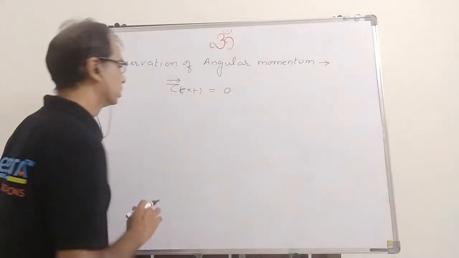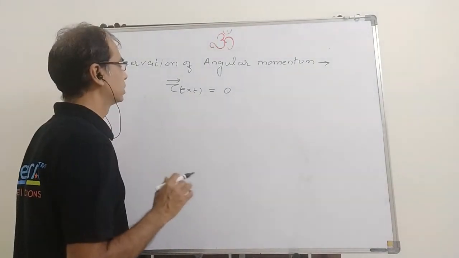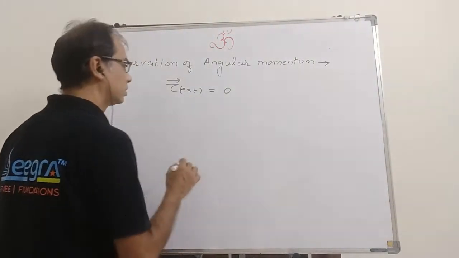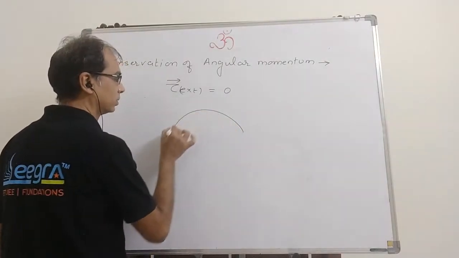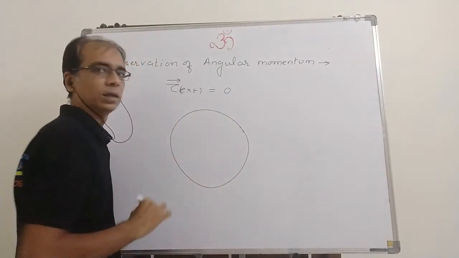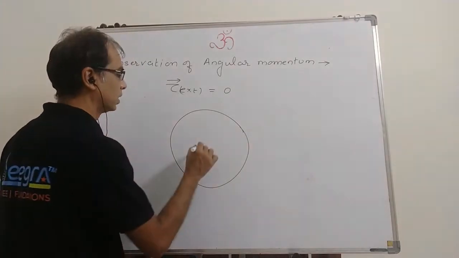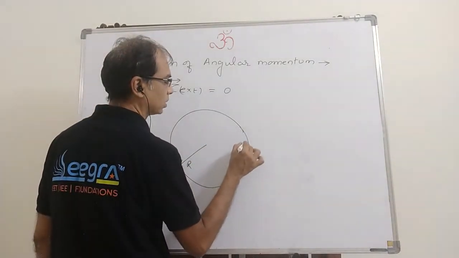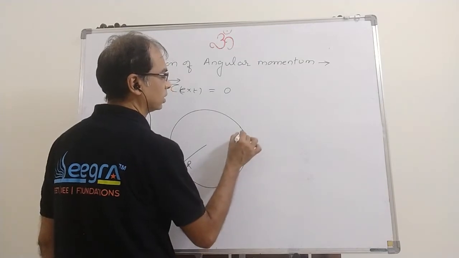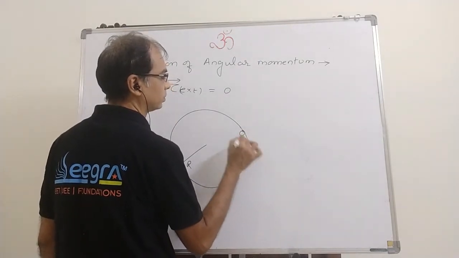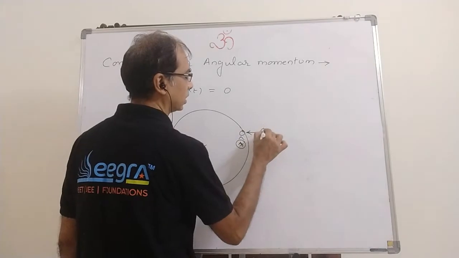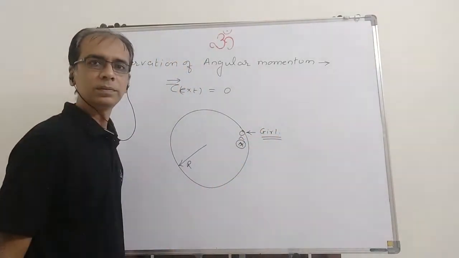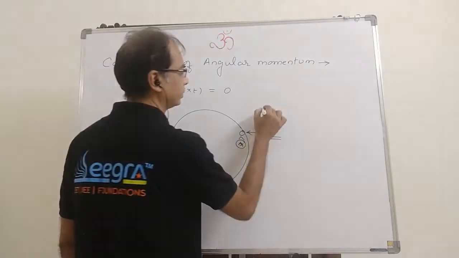But there is one question that I wanted to discuss with you, on the conservation of angular momentum. Suppose I have a disk of radius r, and at this cross there is one girl standing, at rest.